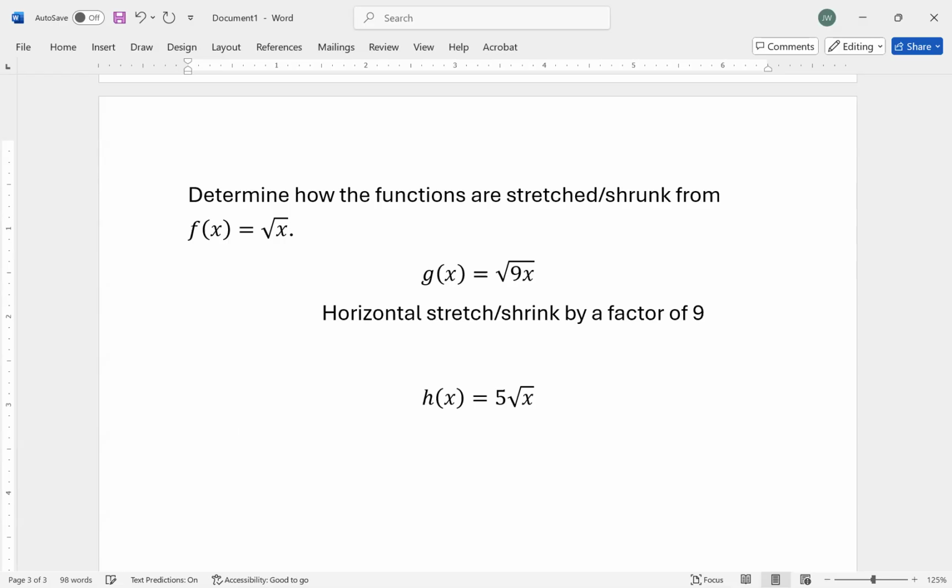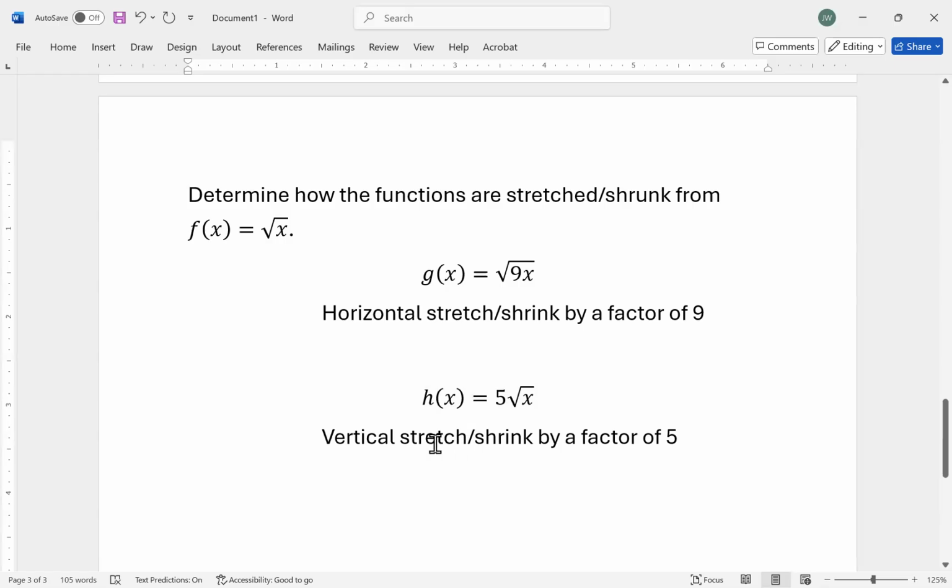And for h of x, that is a vertical stretch/shrink by a factor of 5. And again, in this one, technically it's a shrink. You're getting closer to the y-axis.